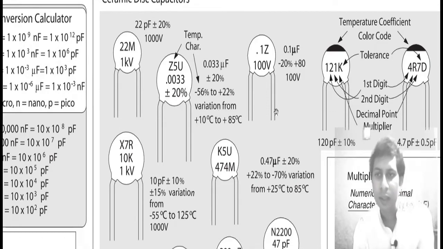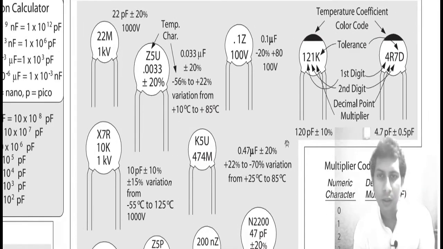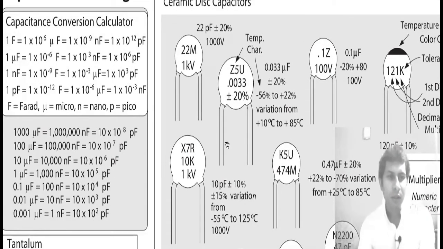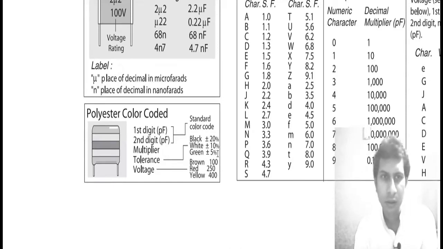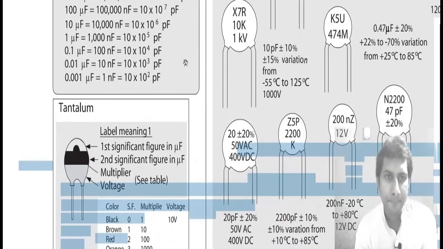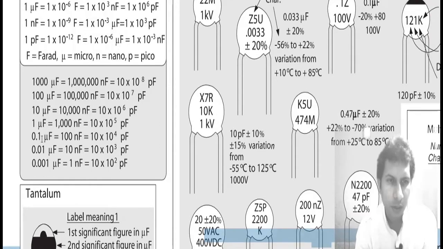Okay, and let's take another example from this chart: 0.1 Z 100 volt. 0.1 stands for microfarad. Just wait a minute, where is it? From this part of the calculation, 0.1 microfarad, right?